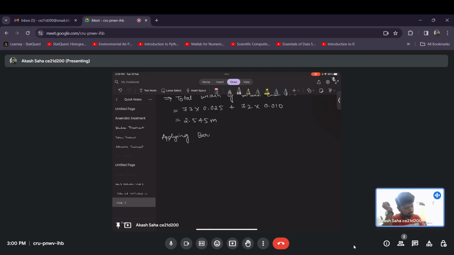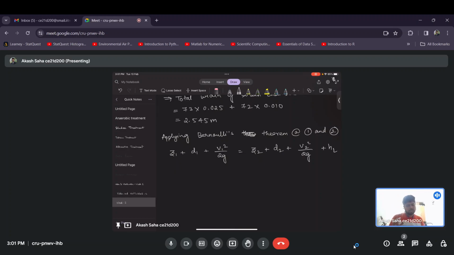We will simply apply Bernoulli's theorem, that is, the total energy is conserved. Applying Bernoulli's theorem at sections 1 and 2, we get Z1 plus D1 plus V1 squared by 2g is equal to Z2 plus D2 plus V2 squared by 2g plus HL. HL is the head loss from the sewer line to my approach channel.